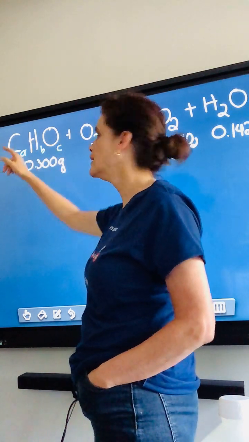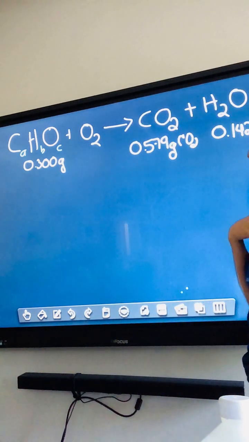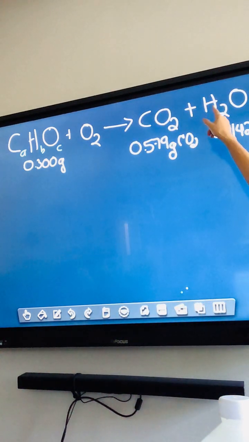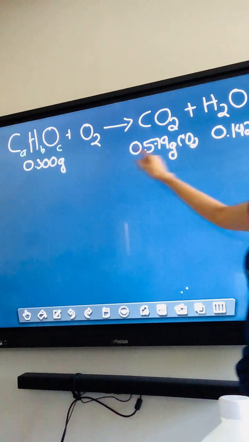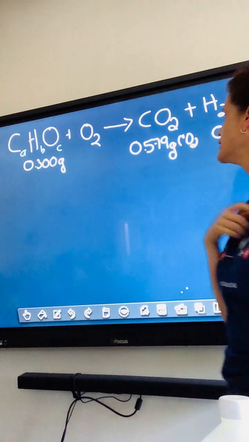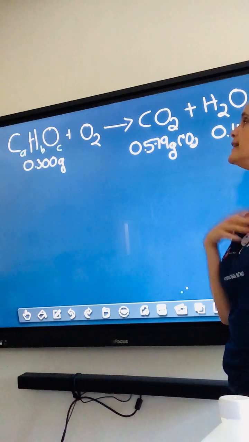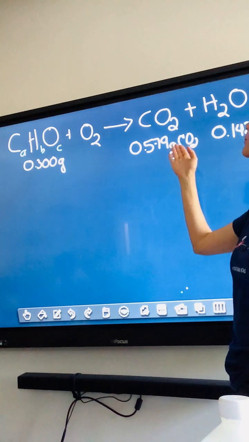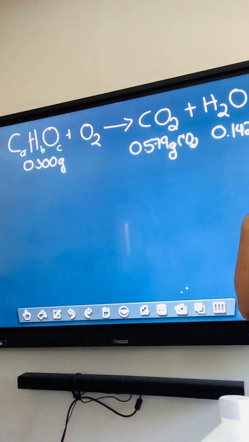So I'm gonna do that. And same thing with the hydrogen. If I find out how much hydrogen is in here, I can find the moles of hydrogen that were there. So can you find how many moles of carbon dioxide we have?